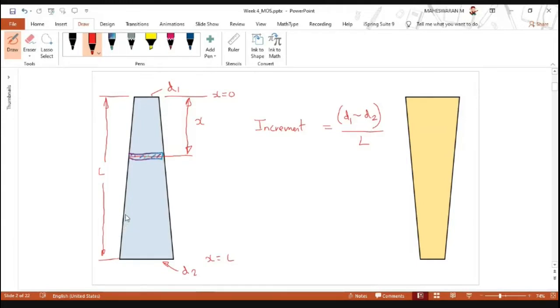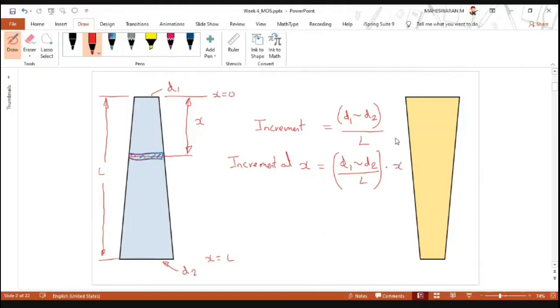Okay. So now let me consider I am going to identify this for a location. For this location, my variation will be multiplied with x. So the increment at location x is the difference in d1 and d2 divided by L into x.